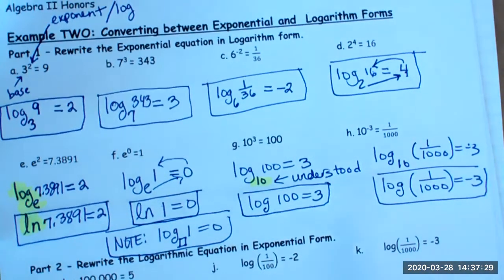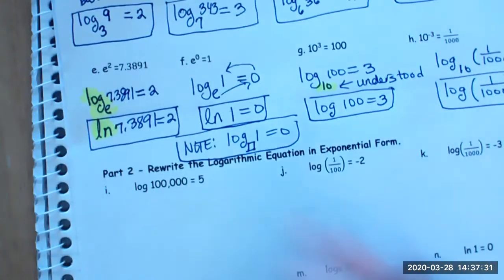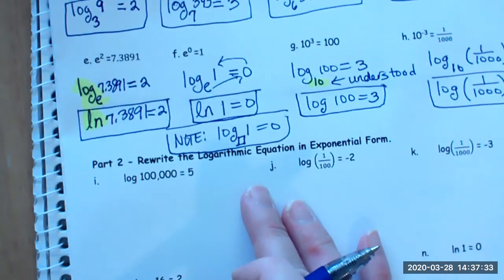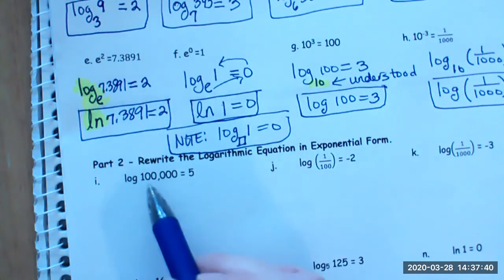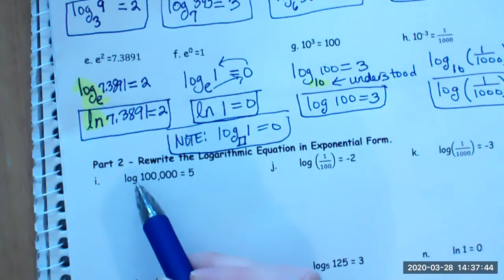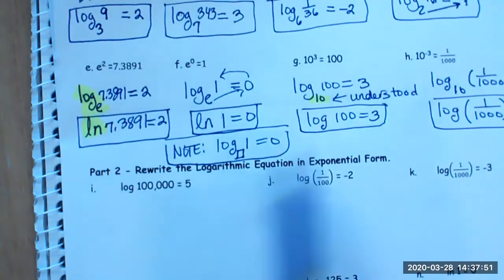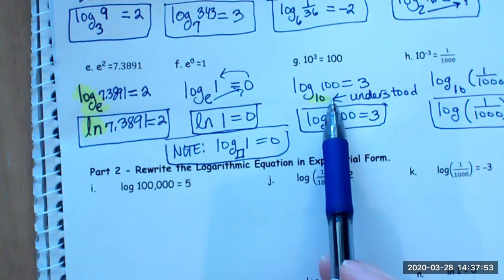Okay. All right, so we're going to rewrite the logarithmic equations now in exponential form. We're just going to go backwards here. Now you'll notice we have a situation where we don't have a base written. So you want to think about that and say, what type of logarithm is the base understood when we see the word log? If you look right back up here, you see, oh, it's base 10.